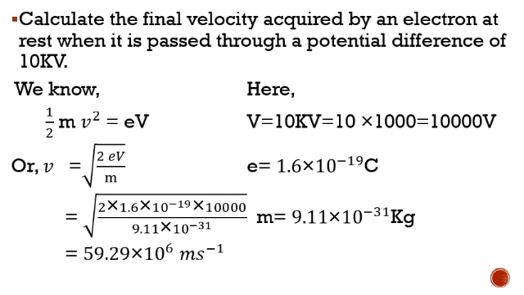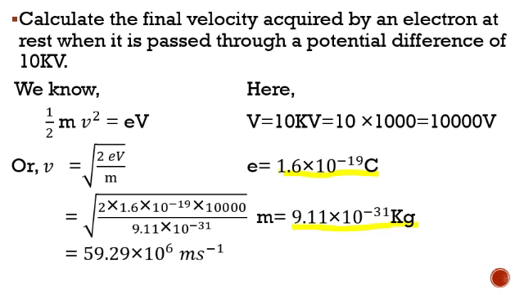Here V equals 10 kilovolt. The potential difference given here, kilovolt should be converted to volt, that's why it is multiplied by 1000, 10 into 1000 volt, and e is the electron's charge, 1.6 into 10 to the minus 19 coulomb. It is fixed, and the mass of the electron is also fixed, 9.11 into 10 to the power minus 31 kg.